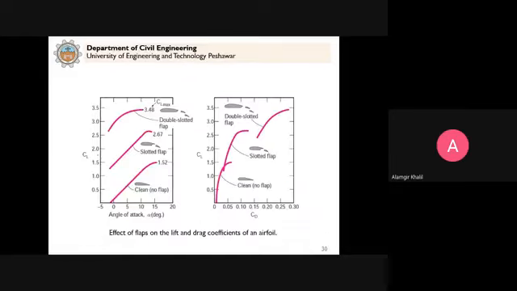Now you can see here that when we have this situation, clean, no flaps, with angle of attack, the lift coefficient is 1.52. So when the lift coefficient is small, the lift force will be small. But if we provide double slotted flaps here, you can see that the lift coefficient has increased from 1.52 to 3.48.